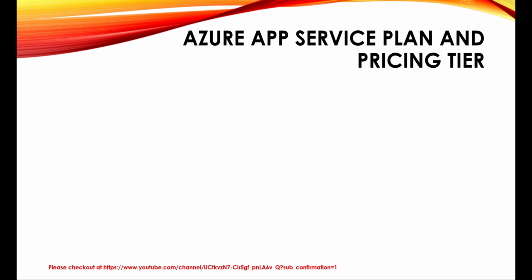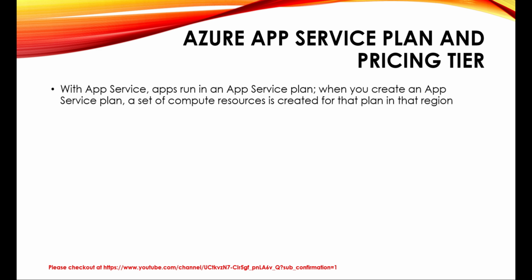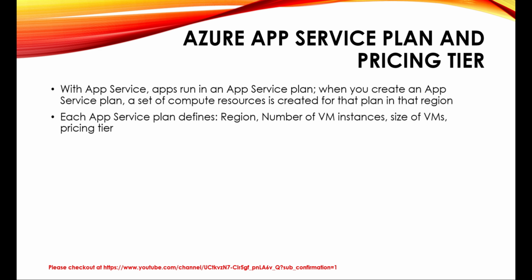With app services, apps run in an app service plan. When you create an app service plan, a set of compute resources is created for that plan in that region. That is a very important part. Each app service plan defines the region, the number of VM instances, the size of the VMs, that is the sizing of the virtual machines that you're going to use, and the pricing tier.